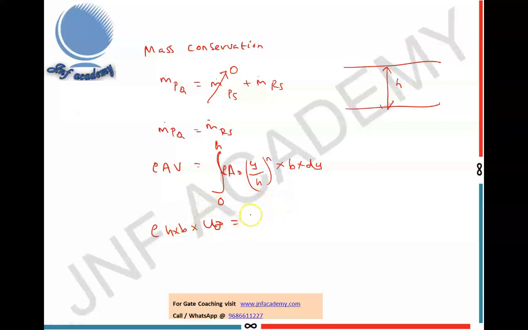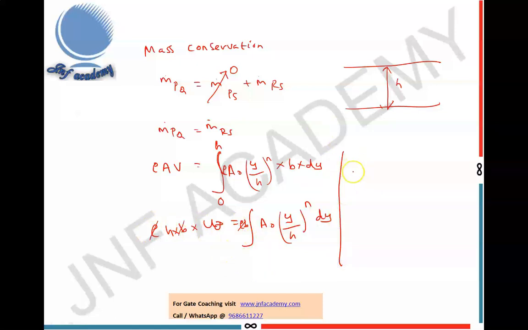Now if you equate this, b and rho can be taken out of the integral, and a naught is also a constant, so you can take that out of the integral as well. (Y by h) the whole power n into dy, that's it. So now rho b will cancel each other, and then you have to do the simple integration.